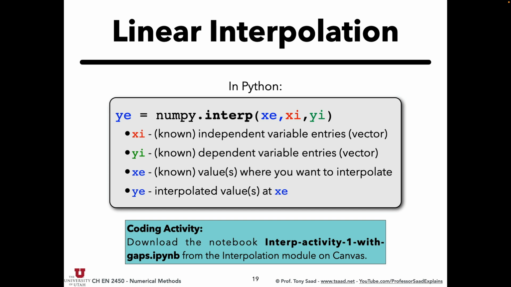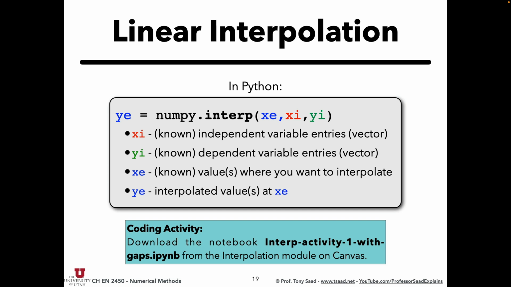Right? X values, Y values. Those are discrete points. 10 points for X, 10 points for Y. 50 points for X, 50 points for Y. You give it all of those data, and you tell it, find me the value at any point xe between those data. It will find the pair that matters, do the linear interpolation, and return a value in ye.